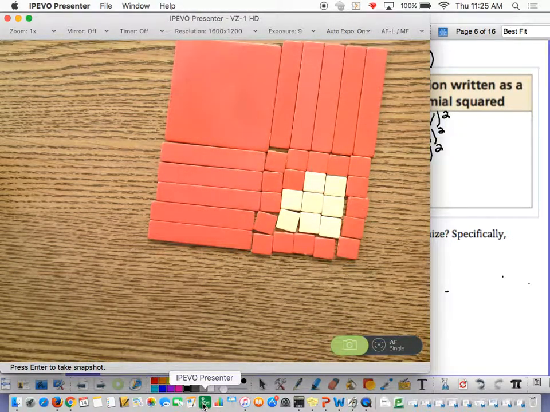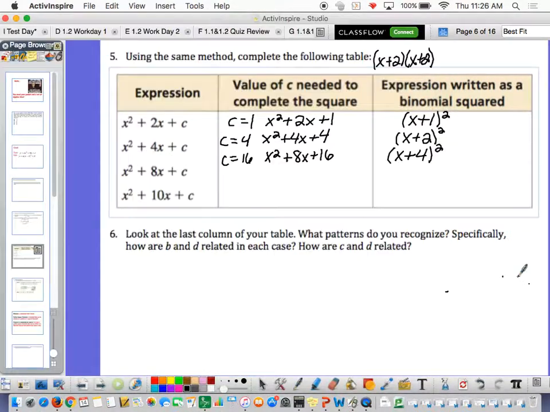All right, the C value that we need there is 25. So we go back here. C equals 25. So you've got x squared plus 10x plus 25. Hopefully you see that that factors to x plus 5, which then would give you x plus 5 squared. Okay, I hope that you see a pattern.